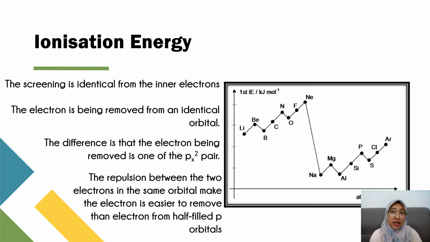Okay, sebabnya elektron dia bercharge negatif kan. So bila negatif dia akan repulsion. Okay, dia akan tolak satu sama lain. So lebih mudah untuk dikeluarkan. Okay, easier to remove. Okay, that's why dia punya energy dia decrease lah dekat sini, dia broken. Okay, untuk oxygen and sulfur.